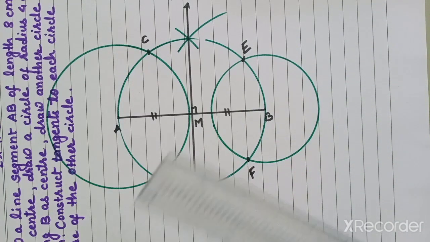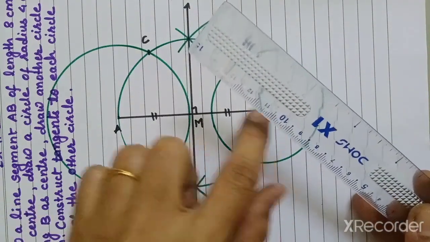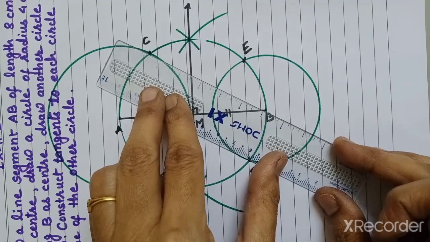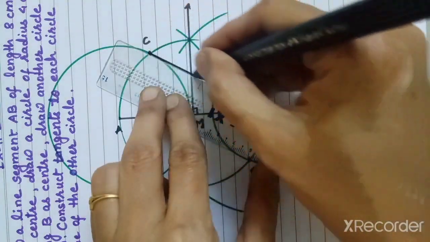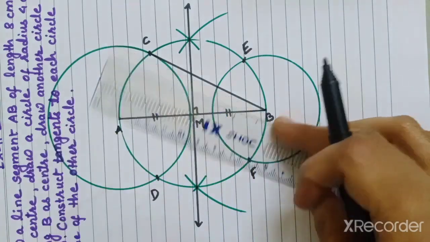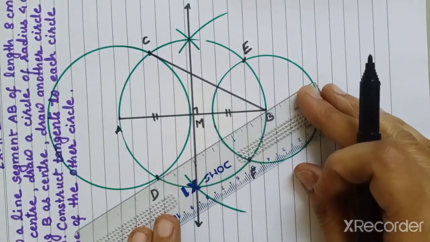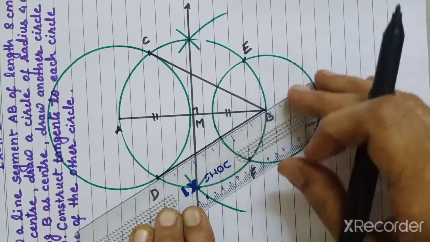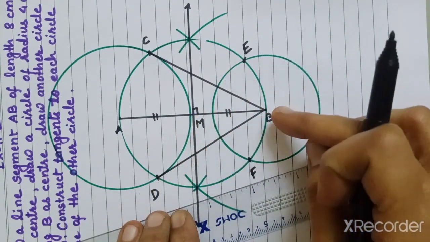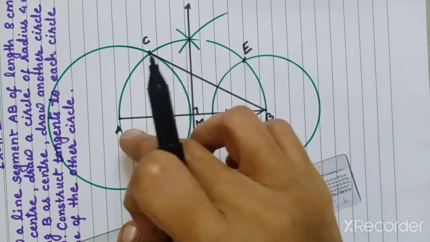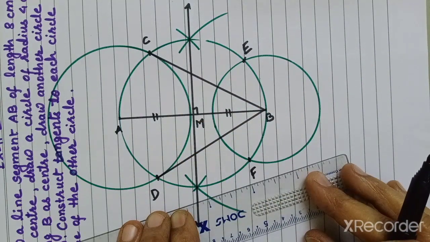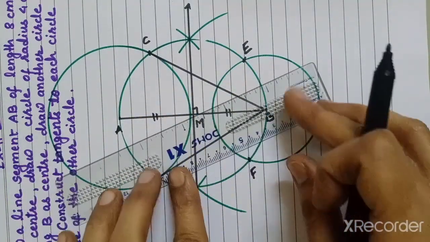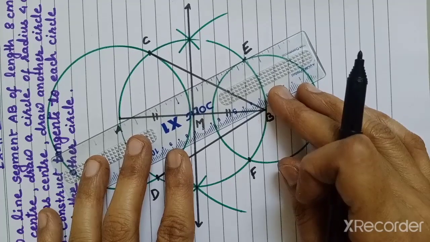Now the joining part. Now from point B we will join this C. So join BC and join BD. So these are the tangents from this exterior point B to the circle with center A. Now from this point A, let us join AE and AF.